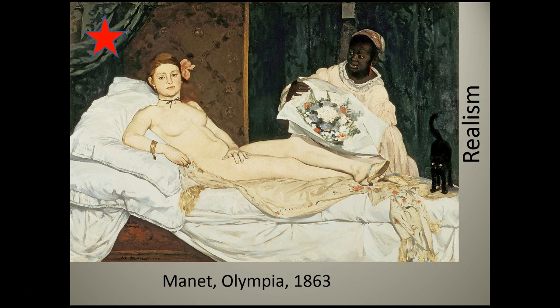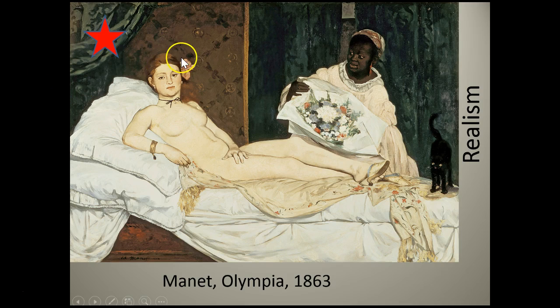There are also a number of details in the picture that identify her directly as a prostitute that people were extremely offended by. So what shocked audiences, again, was not necessarily her nudity, nor the presence of her fully clothed maid, but this confrontational gaze, and some other details that indicate her status as a prostitute.